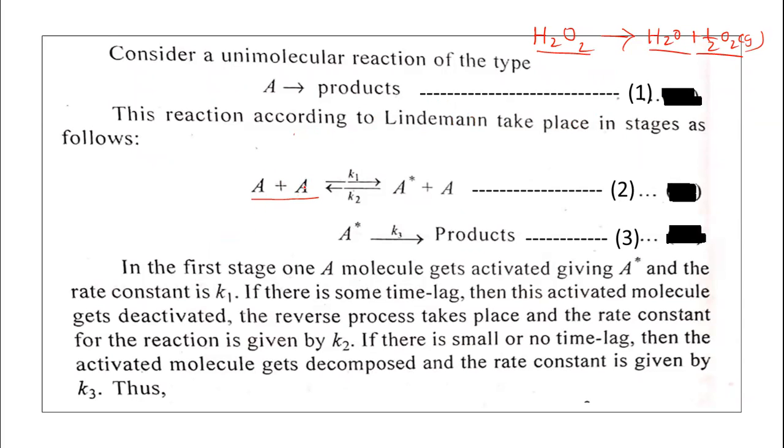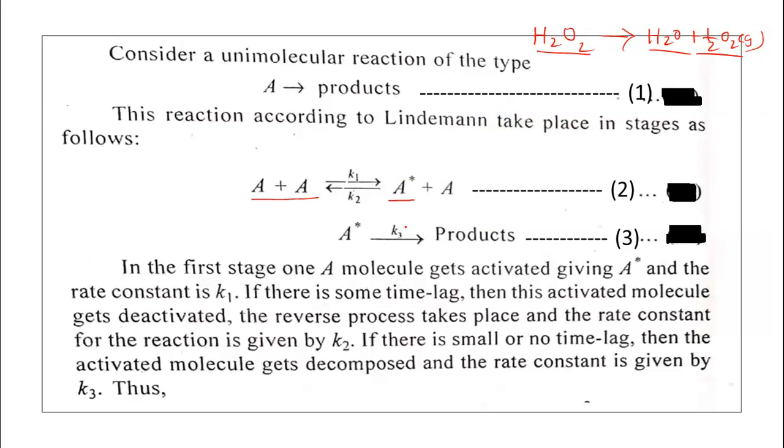An A molecule collides with an A molecule, and due to the collision, the reacting molecule goes into the activated state. A star is the molecule in the activated state. This is 2. Once the molecule is activated, it can decompose into the product.